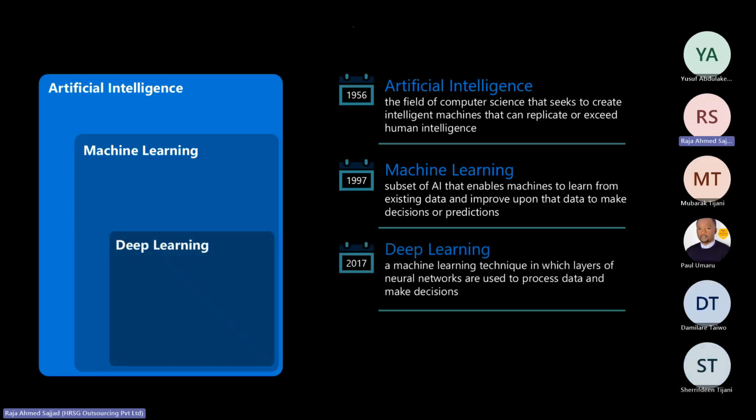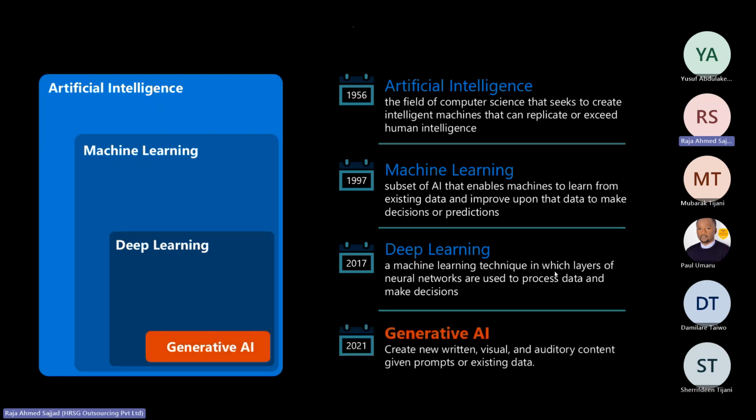Though buzzwords like machine learning and deep learning appeared in more light from 2015 or so, they existed for a very long time. Then we had deep learning in 2017 and the big boom around artificial intelligence, generative AI, which popped up in 2021 and has taken the world by storm.